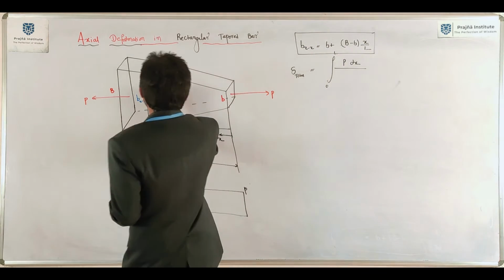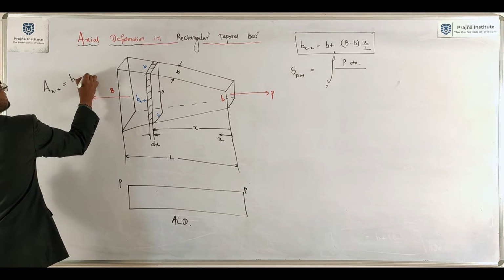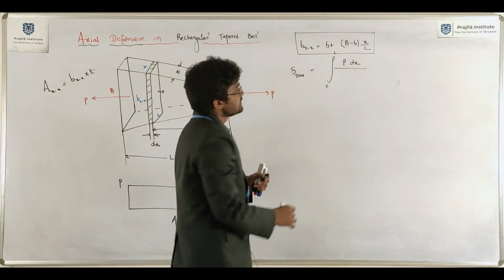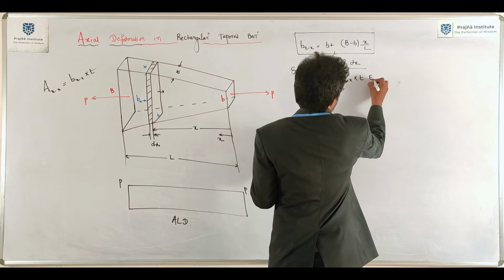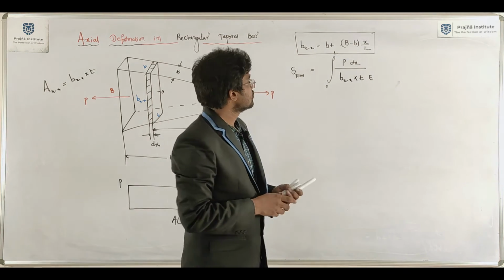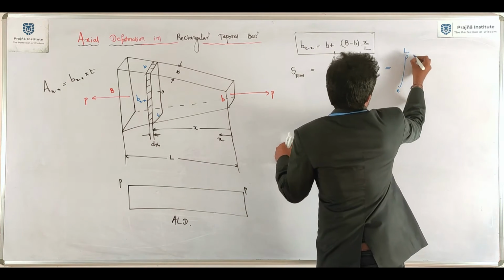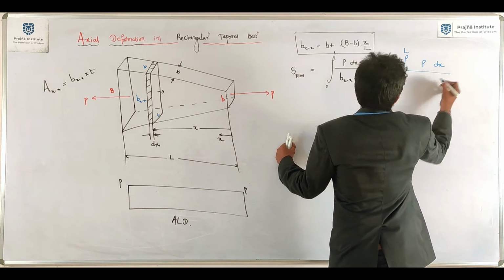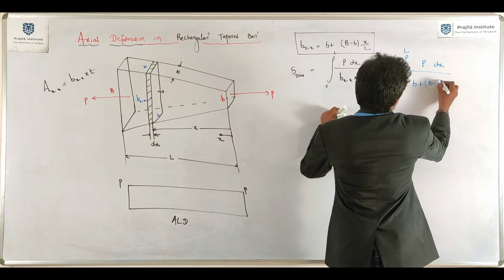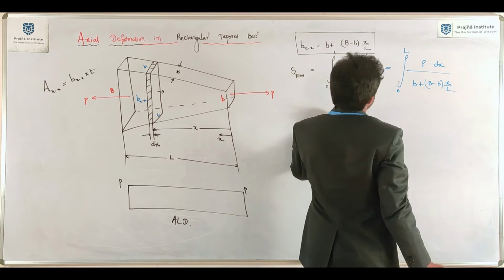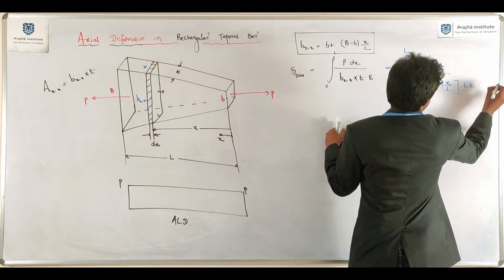What is the area? Tell me. What is the area Ax? It is nothing but bx into thickness t. So this is the area into E. 0 to L, P into dx by bx, b plus (B minus b) into x by L, into t E.